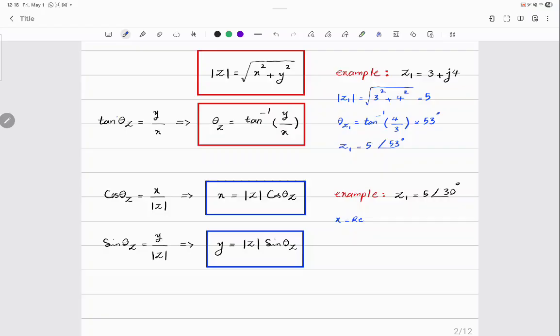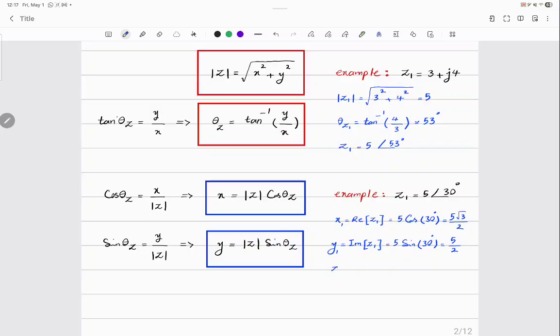X, which is actually the real part of z1, is equal to what? 5 cosine 30 degrees, which is 5 root 3 over 2. And y, the imaginary part of z1, let me write them x1 and y1, is equal to 5 sine of 30 degrees, which is 5 over 2.